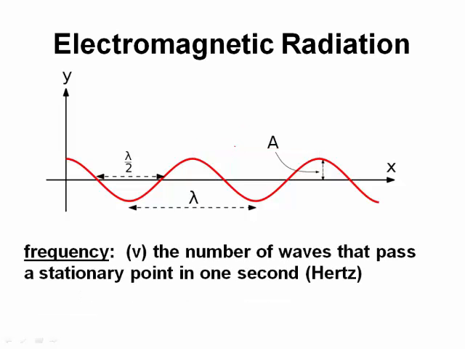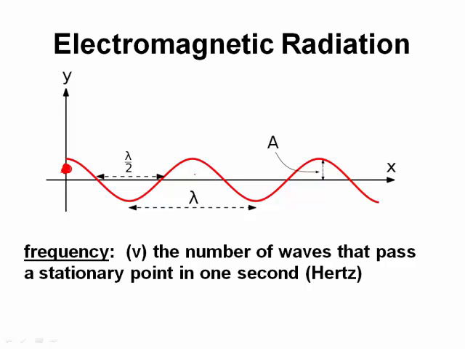The next thing we want to look at is frequency, and this one's a little bit difficult to grasp for a second, but you're looking at the number of waves that pass a stationary point in 1 second. So if we looked at this being our stationary point, it would be the number of waves that pass.